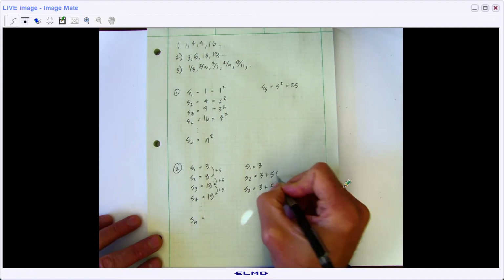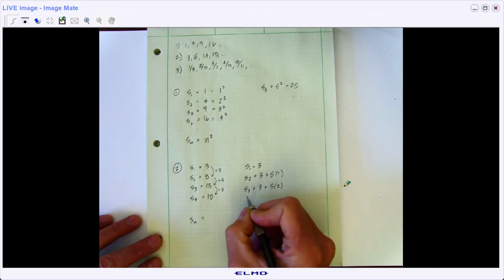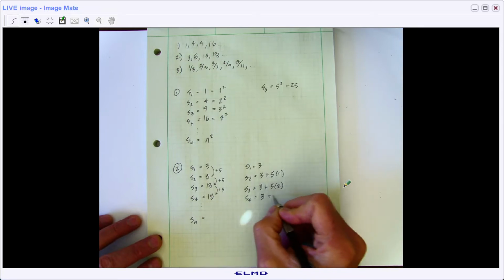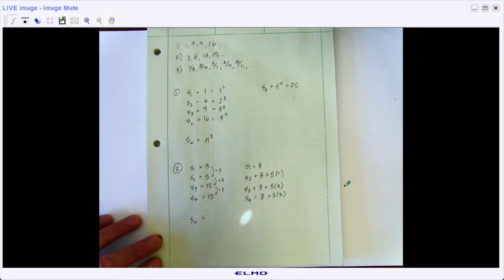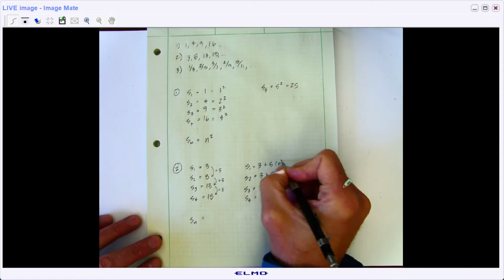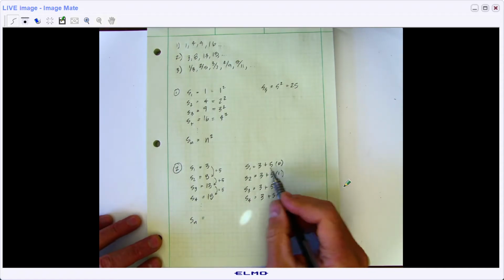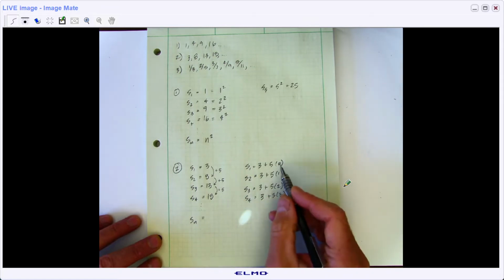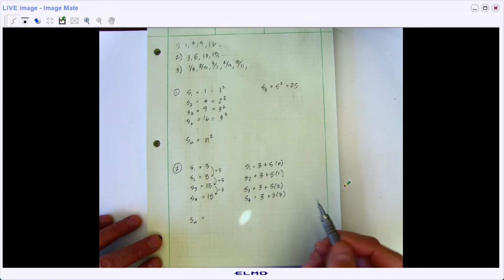Oh, I see, so the second term is 1 5, okay? And we could write the fourth term as the first term, 3 plus 3 5s. And so now it seems like I'm honing in on a rule. It looks like there's 0 5s being added here, 1 5 being added here, 2 5s, 3 5s. And the only thing that's really changing in this sequence is how many 5s we're adding to the original term 3.